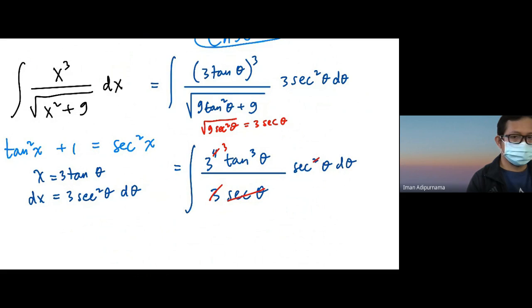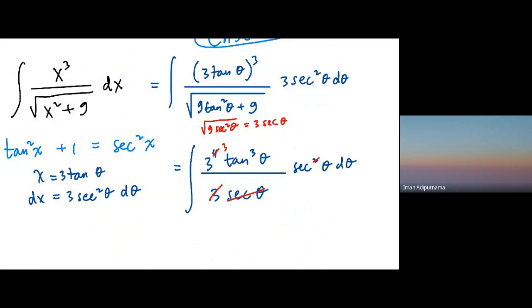So our equation now is tangent cubed times secant. We need to remember the relation between tangent and secant. If we have an odd and odd, then we need to separate a secant and tangent. The purpose is we want to have the rest in even powers.